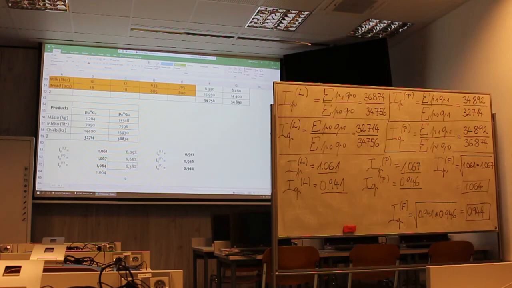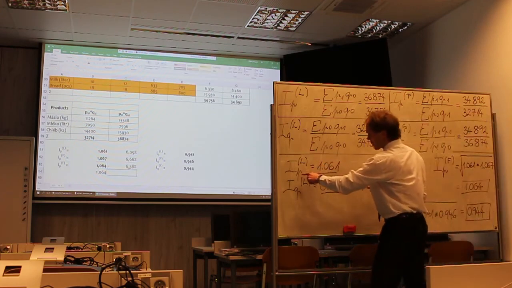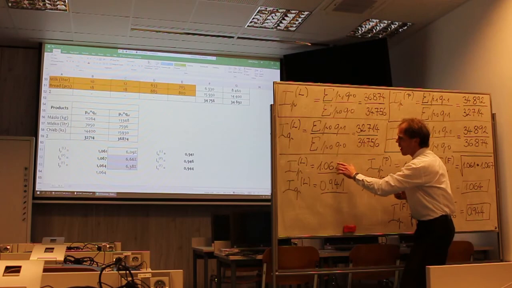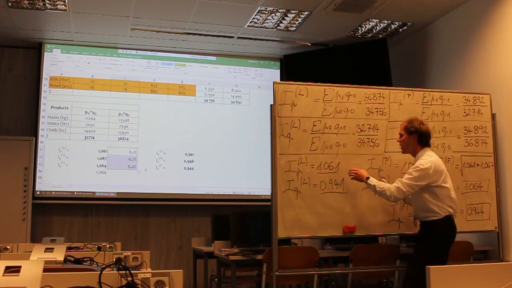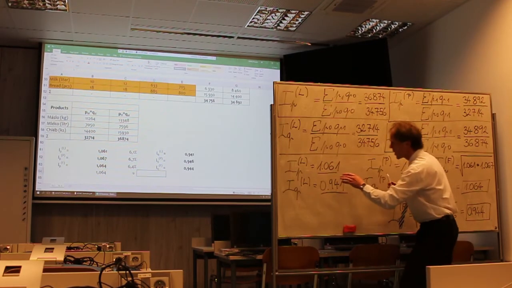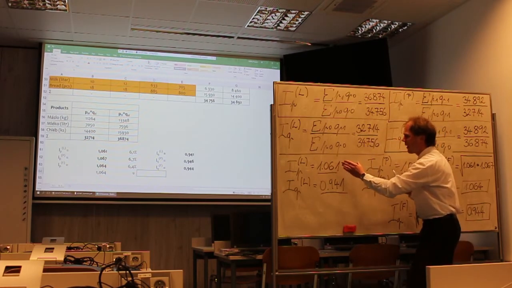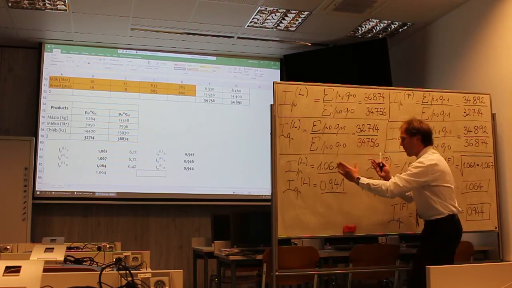says that on average your prices increased by 6.4%. So the Laspeyres price index says that your prices increased by 6.1% with fixation of sales, your quantity, in the basic period.